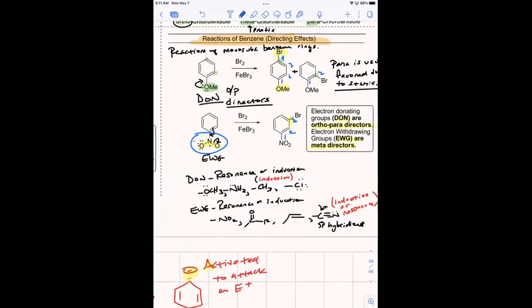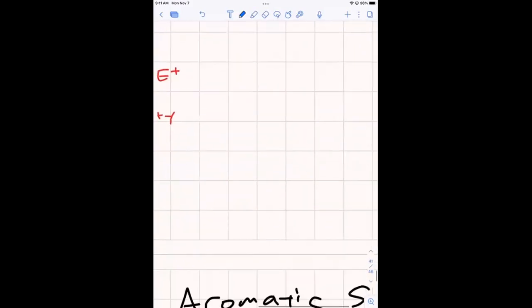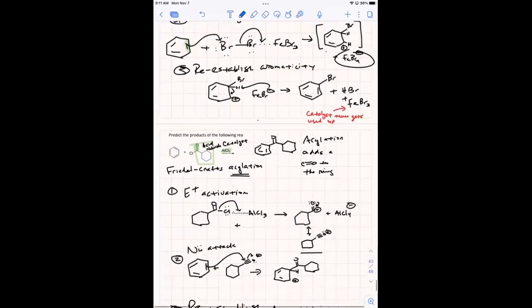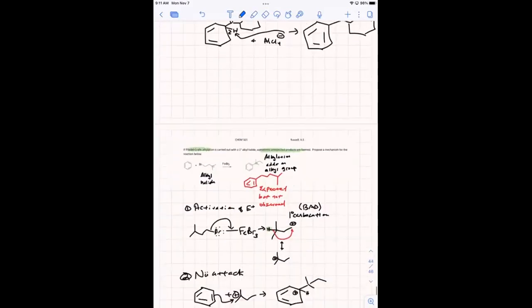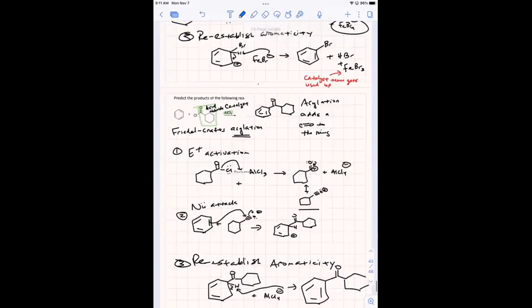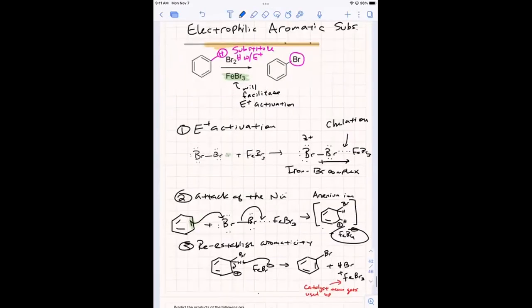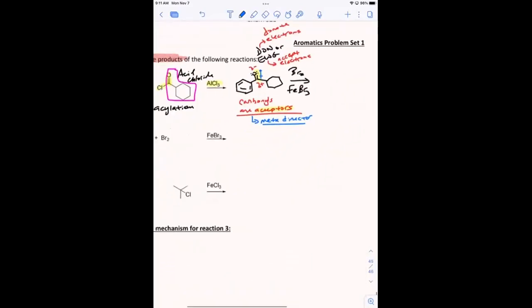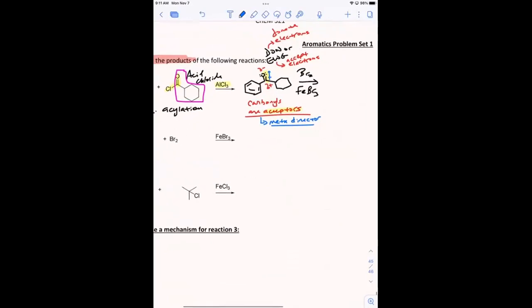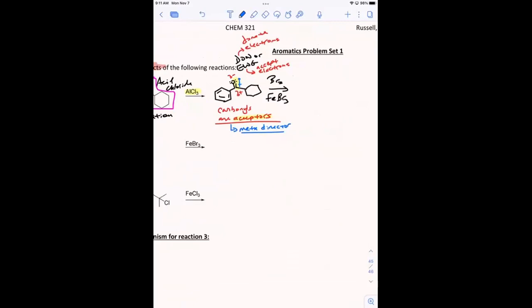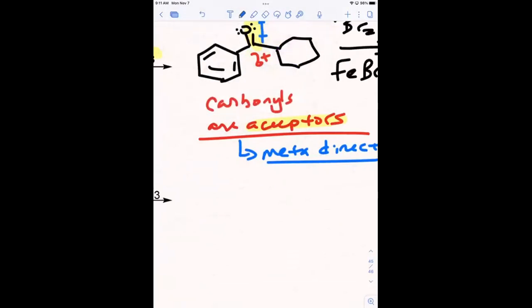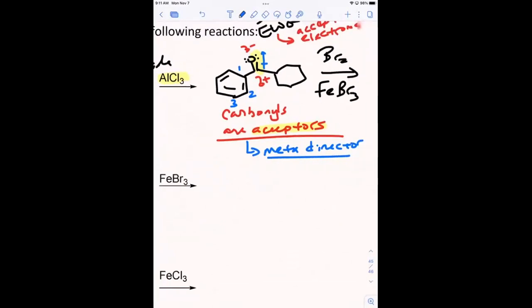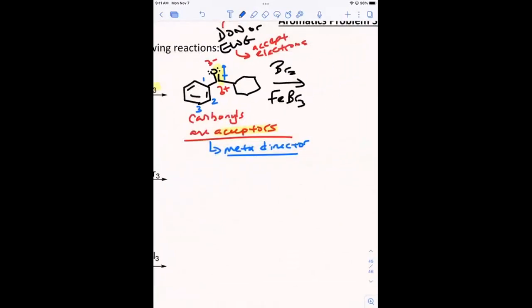So if we go back to here, where's the meta position relative to where that carbonyl is? If this is 1, that's 2, and that's 3.